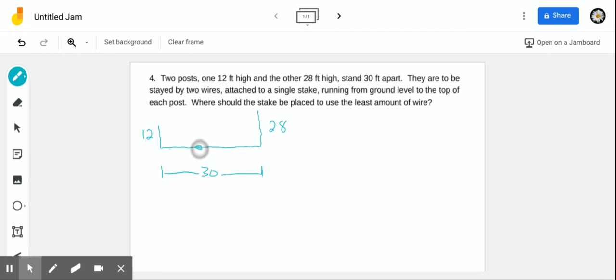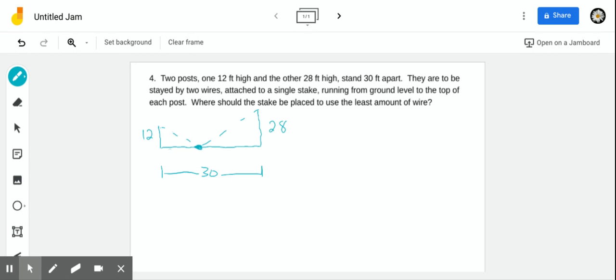Now we don't know where the stake's going to be. I'm just going to put it there. And then we'll have this wire that runs, well, it will probably be a straight wire. Okay, so we're going to have a wire down to that and then a wire up to this one. Okay, so that's what the picture looks like.